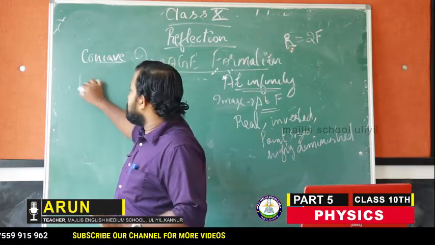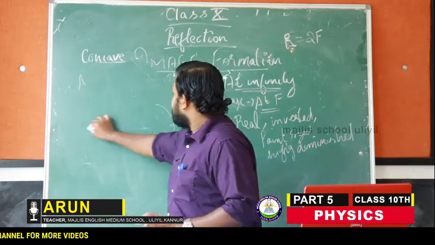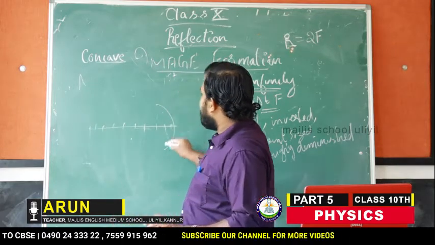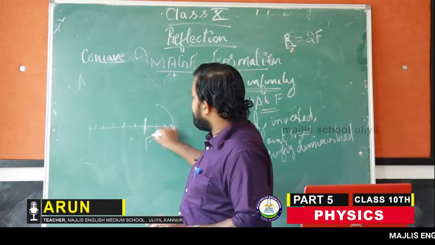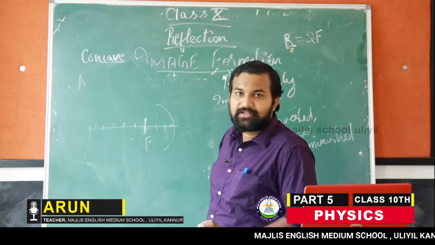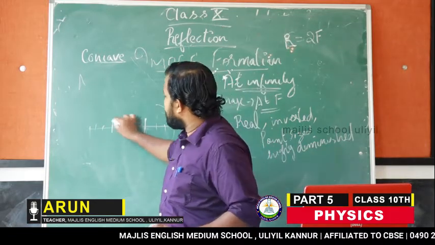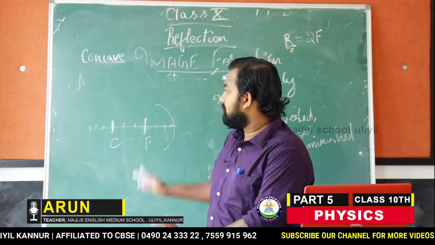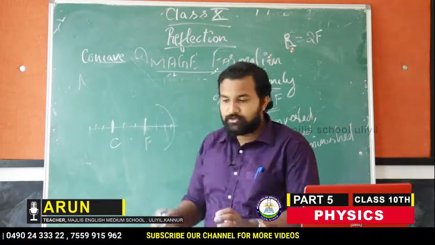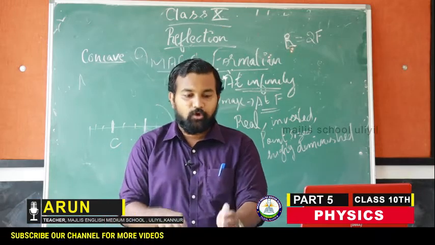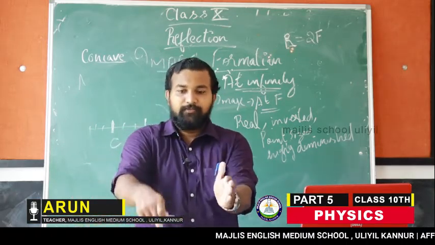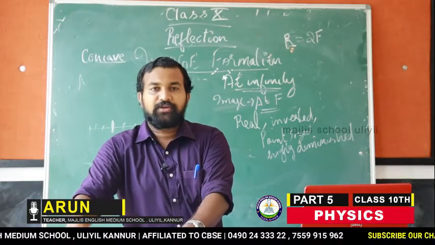Now I will take the mirror and keep a measuring scale in such a way that I will understand where the focus is. I will take the double distance and measure the center of curvature, meaning I will mark the center of curvature on a table. I will mark the mirror here, the principal focus here, and the center of curvature here.